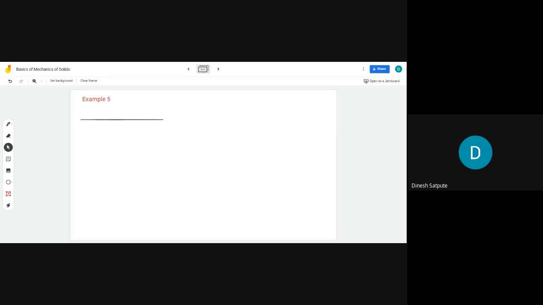Now these are the reactions for simply supported beam. Beam AB.